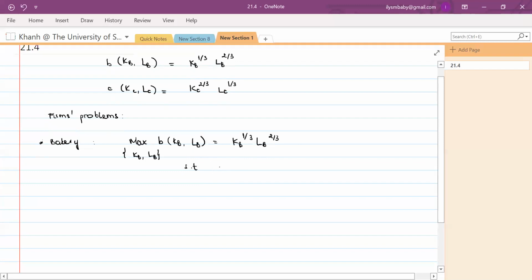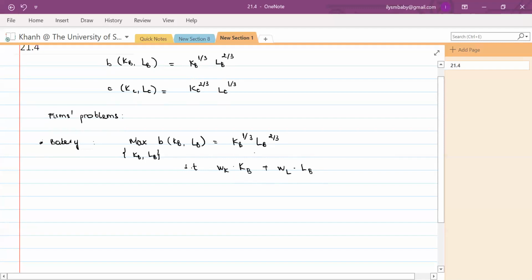So whatever amount of K and L they would like to use, the total value of the capital and labor is WK, which is the price of capital, multiplied by the level of capital they would like to use, plus the price of labor, WL, times the total amount of labor they would like to use for their production.